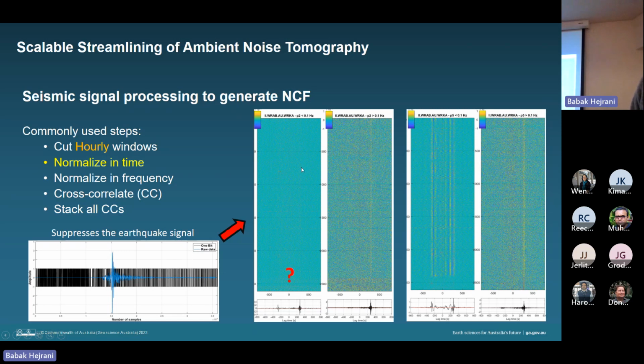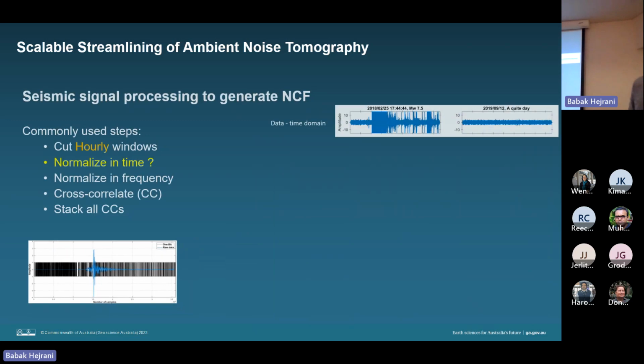So this is again the same plot, but without one-bit normalization. And you can see that the signal is quite clear below 0.1 hertz and above 0.1 hertz. And when you stack it, you see the signal completely clearly rising. So it's quite clear that there is an issue with one-bit normalization.